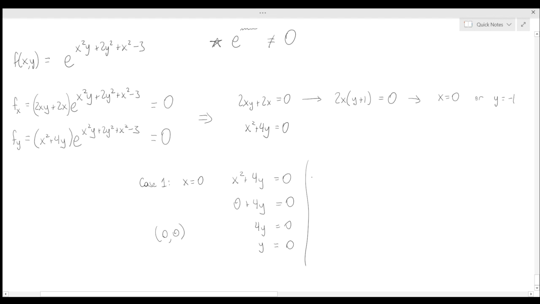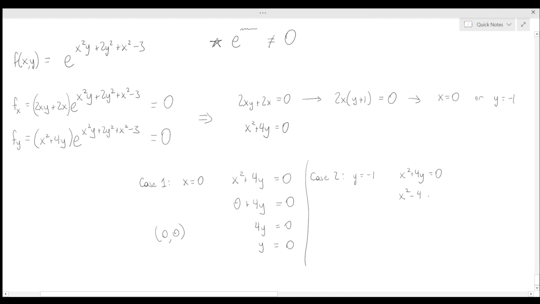All right, but then I have the second possibility, which is instead of x equals 0, it could also have been that y was negative 1 to make fx equal to 0. So then if y is negative 1, let's take a look at the second equation now. So I'm going to plug in negative 1 for y.